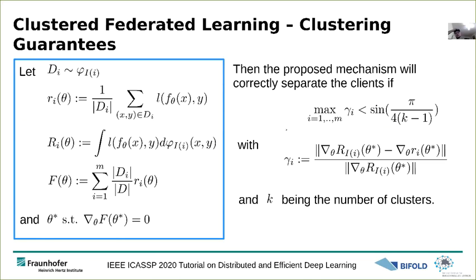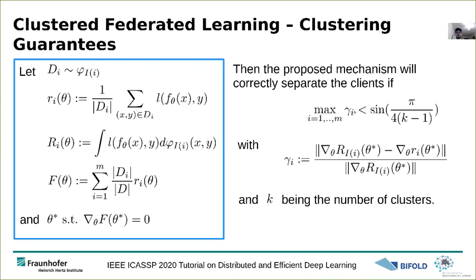The nice thing is that we can actually prove that this procedure will give us the correct clustering of clients, so that we are able to reconstruct which clients share the same P of y given x, the same conditional distribution.